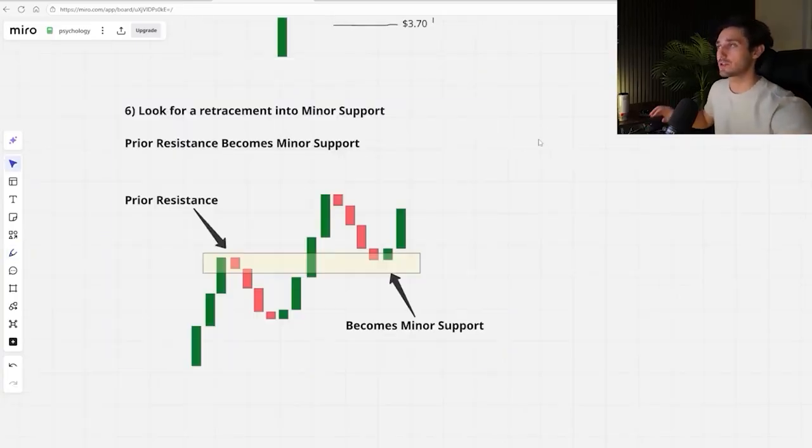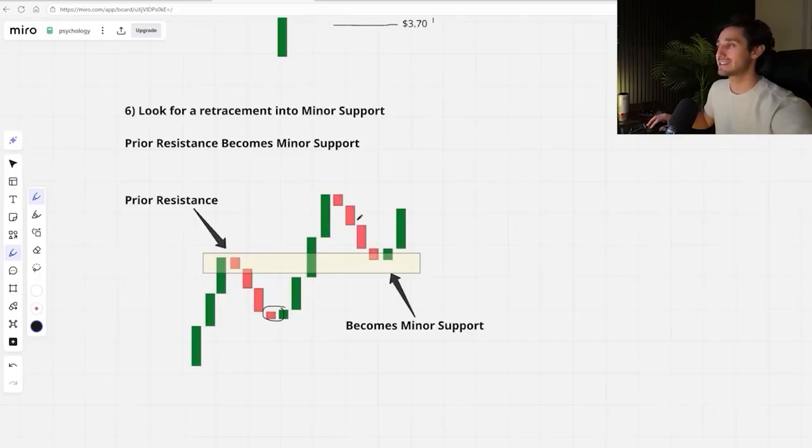Criteria number 6, we want to look for a retracement into what's called minor support. This is when prior resistance of that uptrend becomes support for the next dip. So, for example, let's say we are right here and prices move up. Fantastic.